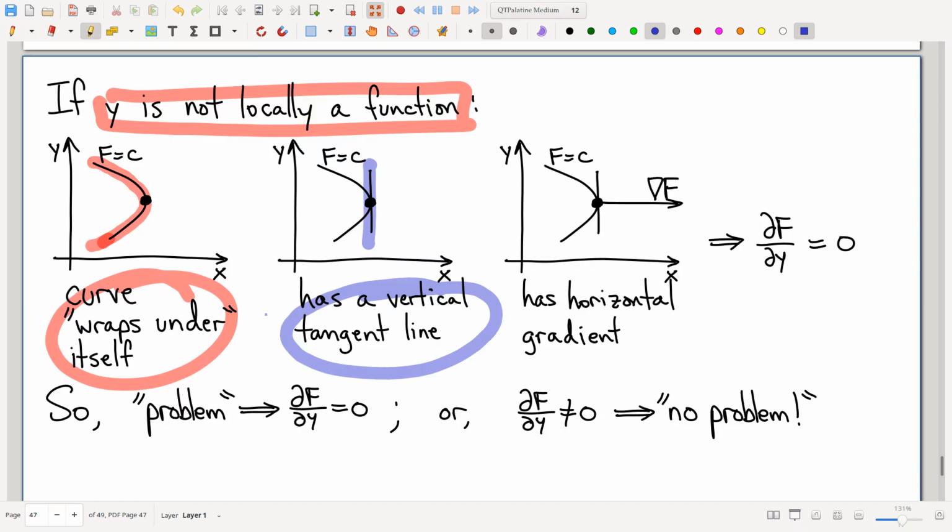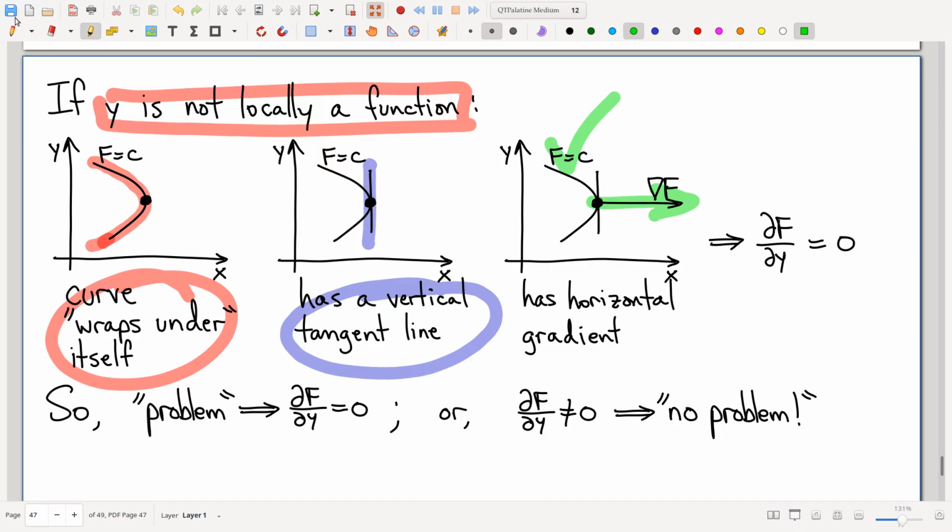So we can't make any reference to a derivative here, but very conveniently we can just observe, okay, well the problem then comes when you have a vertical tangent line. And now a reminder, gradients are always perpendicular to tangent lines of level sets, and do keep in mind this curve is a level set, right? The whole way we started this was f equals a constant was our equation.